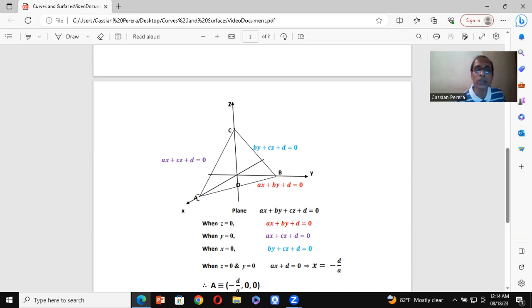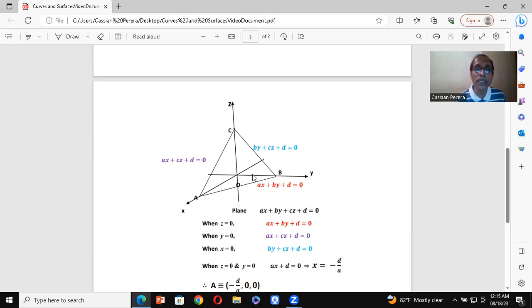What are those lines actually? AB is the intersection line of the ABC plane and the XY plane. The ABC plane means ax plus by plus cz plus d equals 0, and the XY plane means z equals 0.